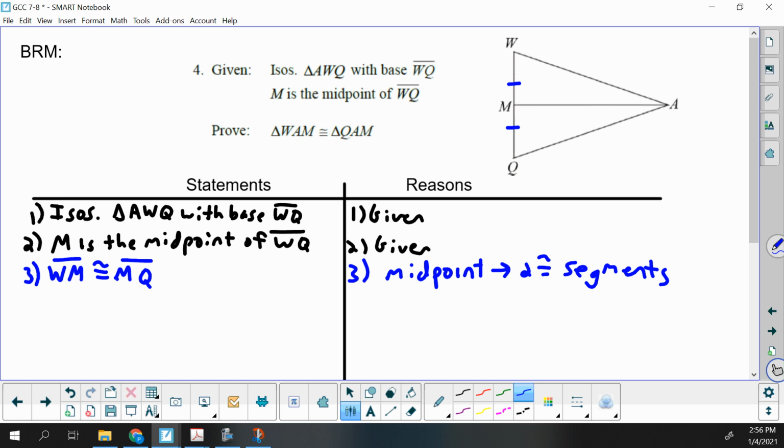And then we've got isosceles triangle. So we can do isosceles triangle implies 2 congruent sides. That'll give us WA and AQ.